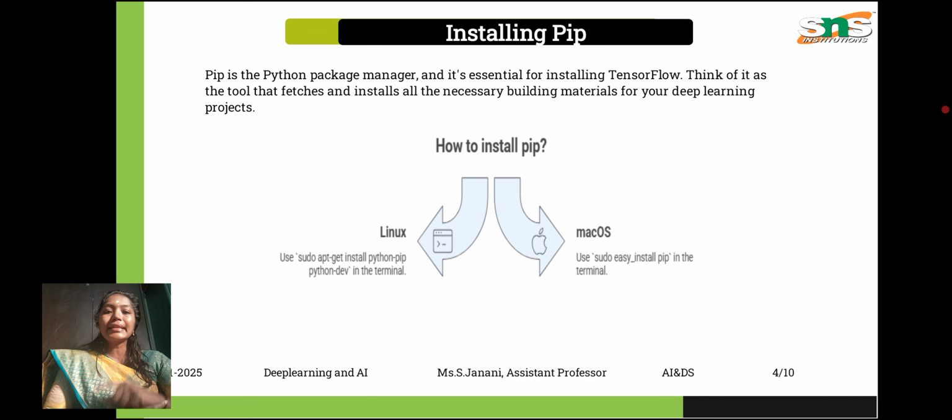Next is installing the GPU driver, which allows the operating system to communicate with the GPU. Then the CUDA toolkit, a platform developed by NVIDIA that enables GPU computing. TensorFlow uses CUDA to perform computations on the GPU.